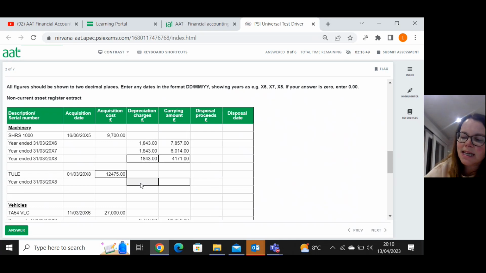Depreciation is at 20%, so I find 20% of that, which gives me £2,370.25p. The carrying amount will be the value of the asset, the 12,475, subtract that 2,370.25, which gives me £10,104.75.